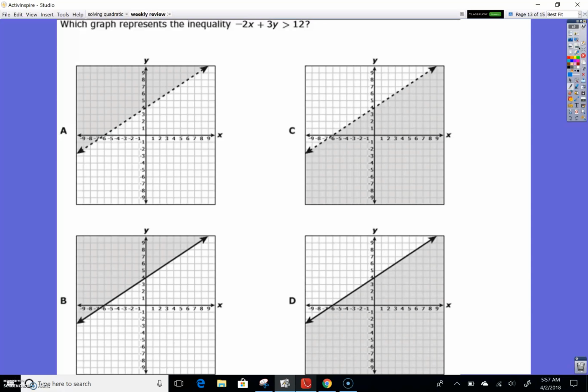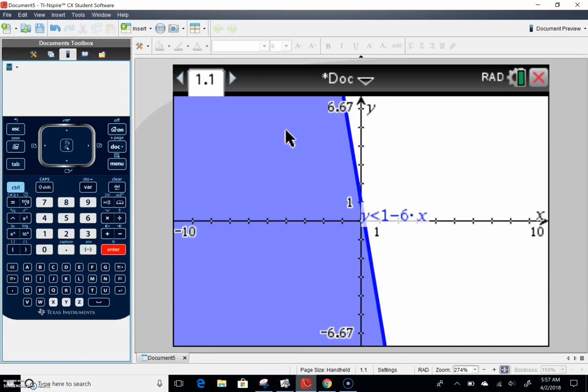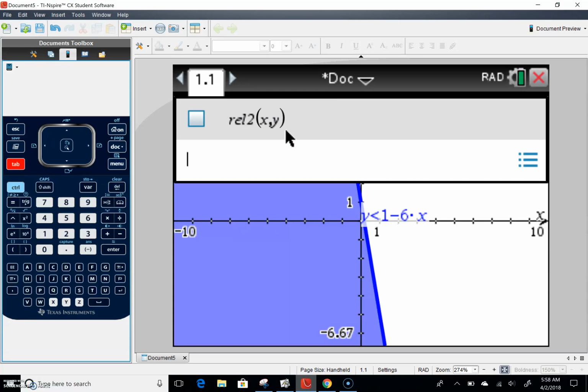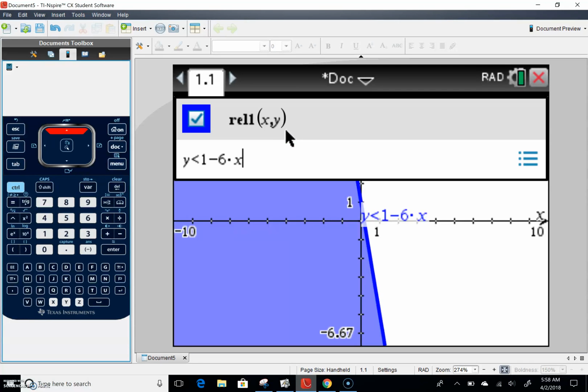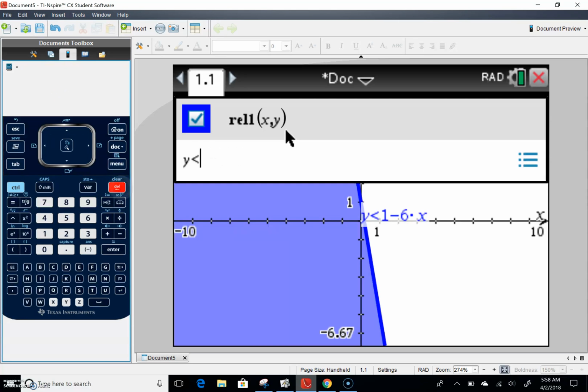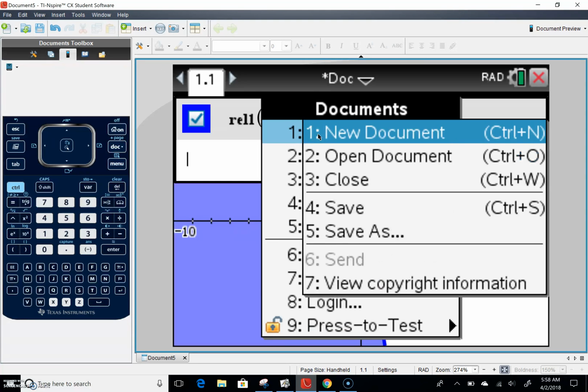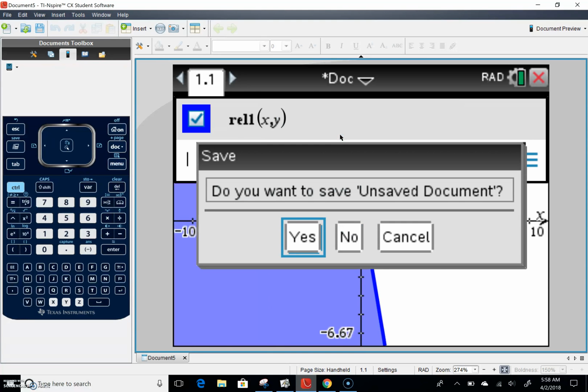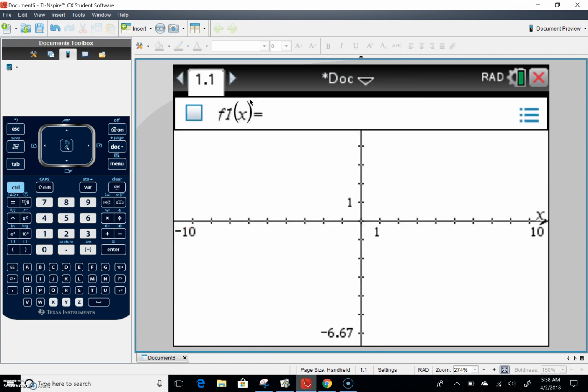Let me show you a new trick. I've got to update your calculator, but you can do this in the calculator also. Negative 2x plus 3y is less than 12. So I'm going to tab, go back up, delete, delete. And let me show you from the beginning. I'm going to add a graph.